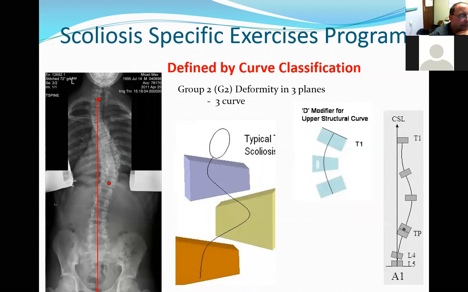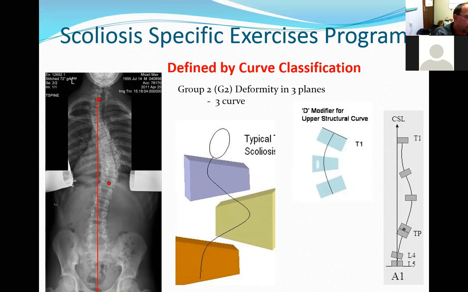This would be a 3 curve. So again, you can see that there's not really much of a lumbar curve there. Primarily it is a thoracic curve. But this patient also has a modifier, which is what we refer to as that additional curve up higher around the T4, T5 area. And with this 3 curve pattern, you can see how the central sacral line, the T1, is running down on top of that.